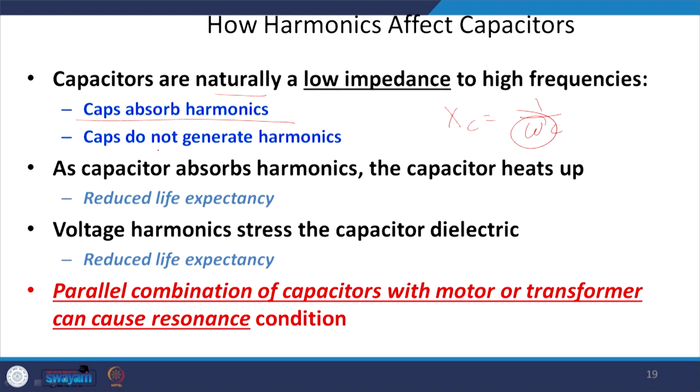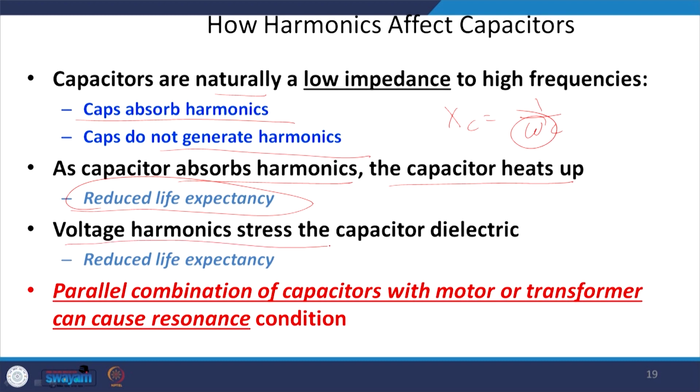The capacitors naturally have a low impedance to high frequencies, and thus the capacitor absorbs the high frequencies. Capacitors do not generate harmonics, so there is an advantage to it. As the capacitor absorbs harmonics, the capacitor heats up and the life of the capacitor is reduced. Ultimately its insulation is destroyed and life is reduced.